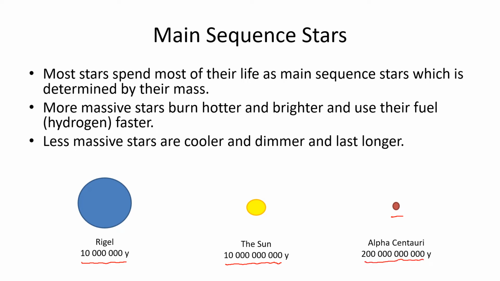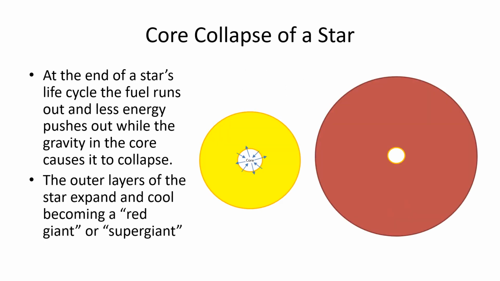So the smaller and dimmer and cooler your stars are, the longer they will last and burn because they're not consuming their fuel as quickly. At the end of a star's life cycle, what happens is there becomes an imbalance in the core.